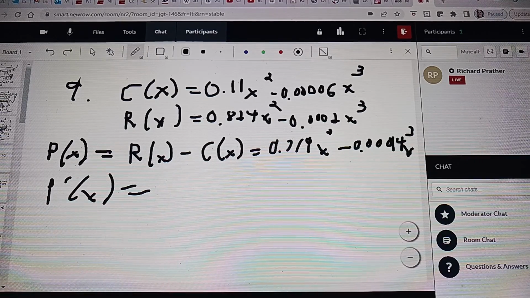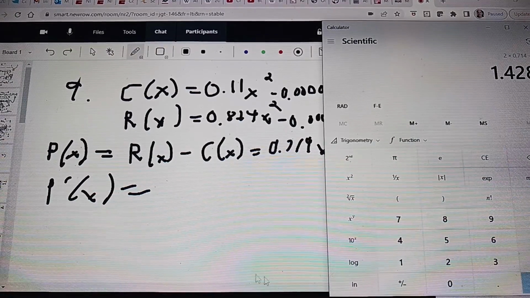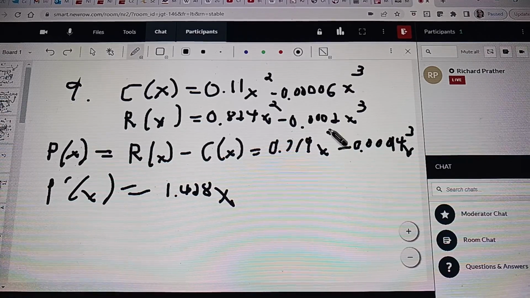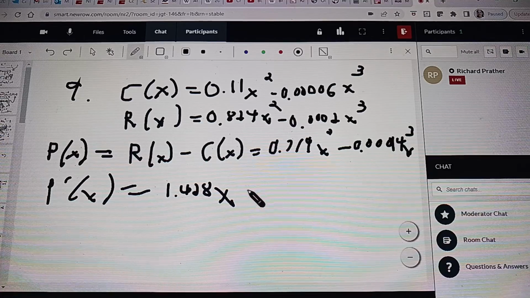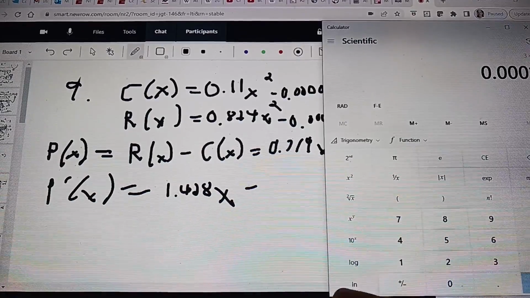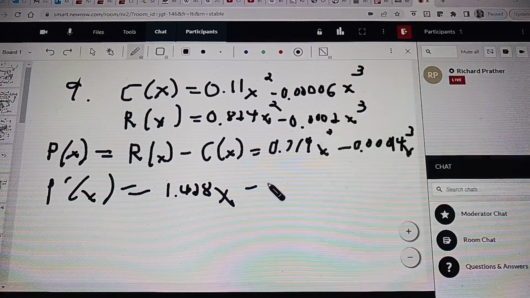2 times 0.714, 1.428, x to the first power, decrease the exponent by 1, minus, and then we need to do 3 times 0.00014, which is 0.00042.